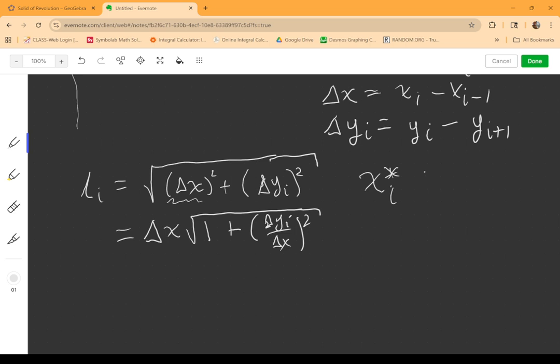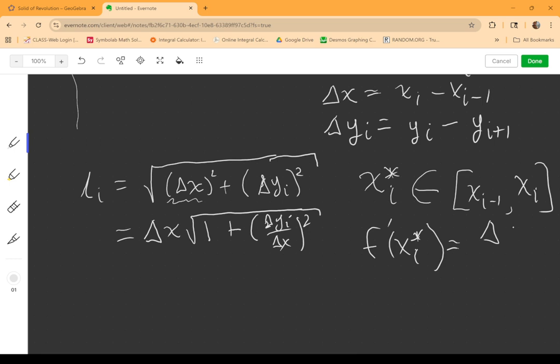We'll call it x sub i star, and it's an element of the interval x sub i minus 1, x sub i. So there's a value of this x sub i star in that interval where the derivative evaluated at this x sub i star is equal to the average rate of change along the interval.